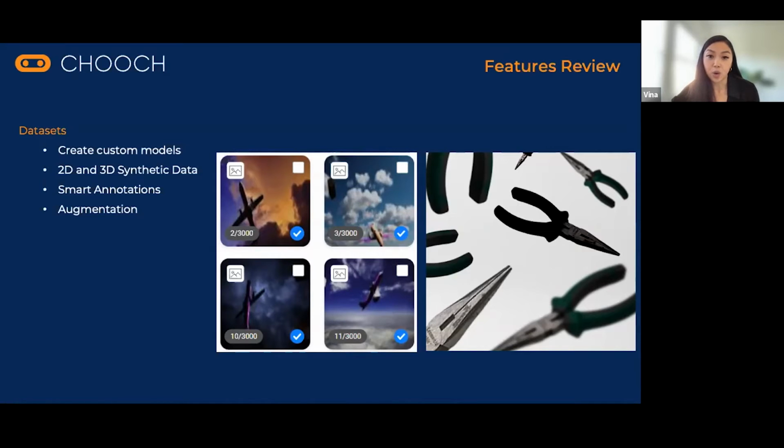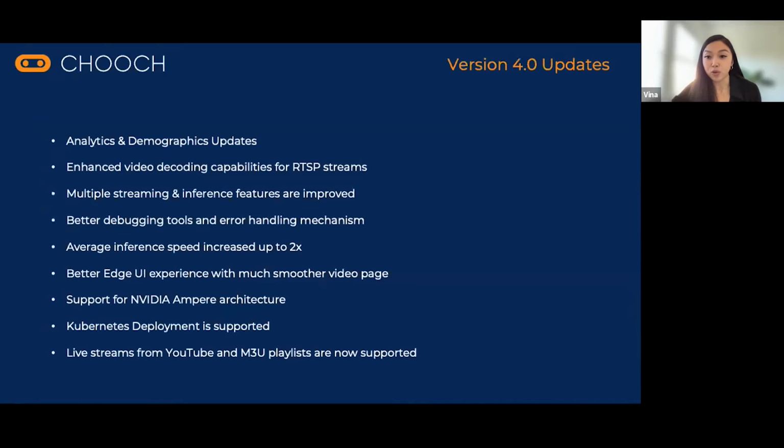Lastly, our next slide, we'll do a high-level overview of some of our version 4 updates. So I'll just highlight that now we have Kubernetes deployment that's supported. Our average inference speed has increased up to 2 times.